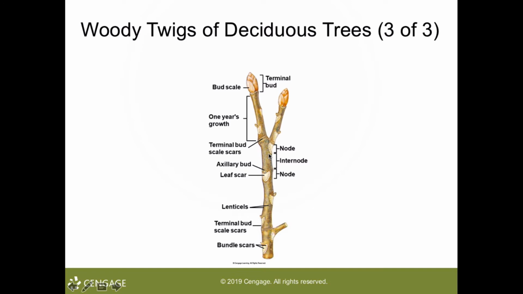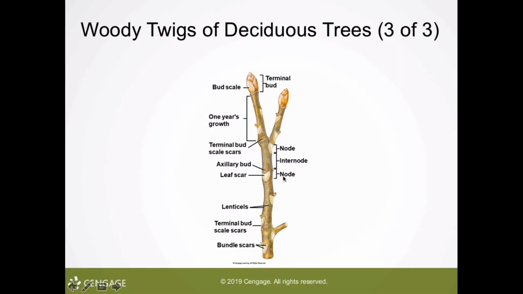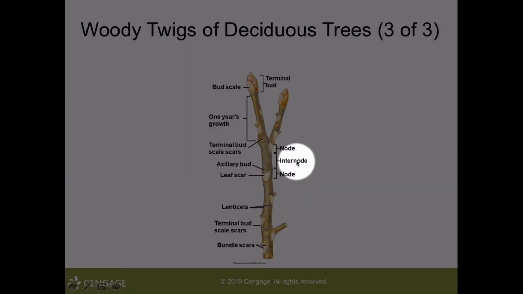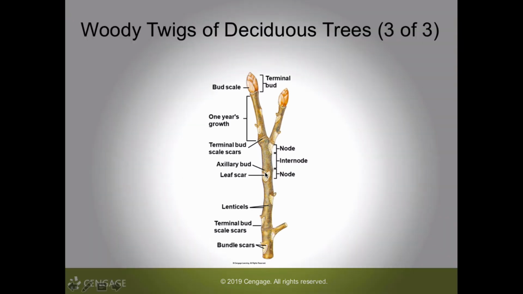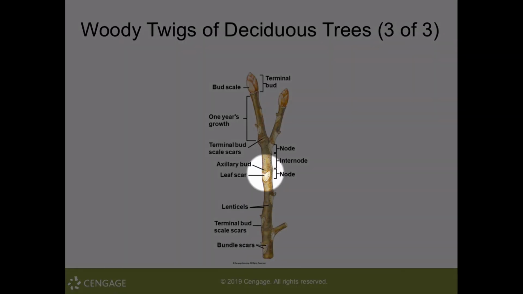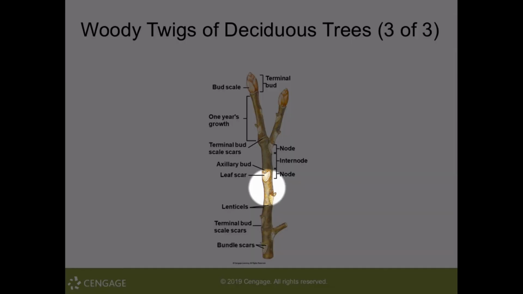What I'm getting to here is the node is a point of attachment for what was once a leaf. And from node to node, I'll repeat, from node to node is the internode. I'll get even more specific now. We also have an axillary bud here. Axillary buds are always going to be in the leaf axil. So yes, there was a leaf that was there last season.